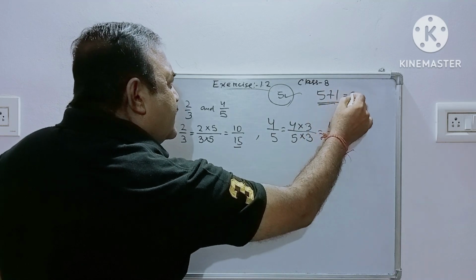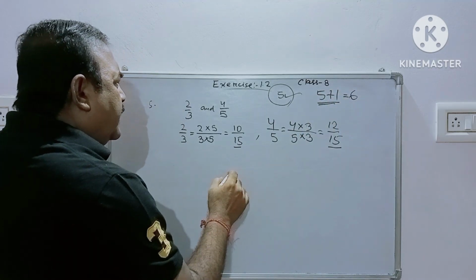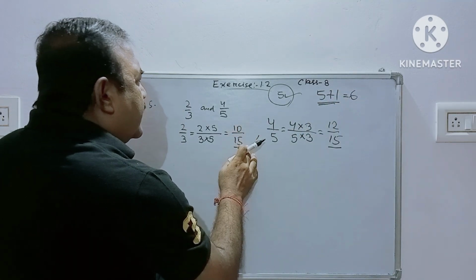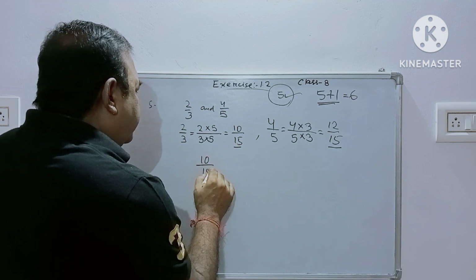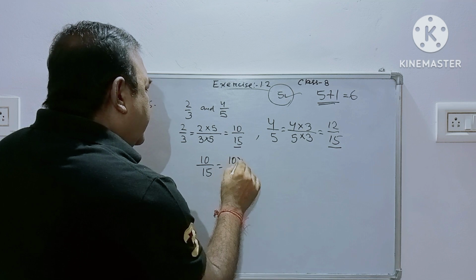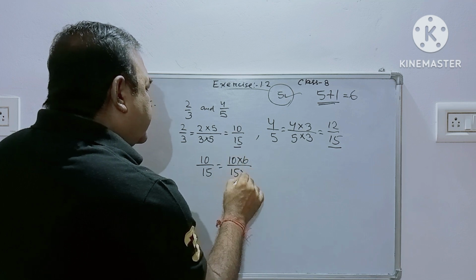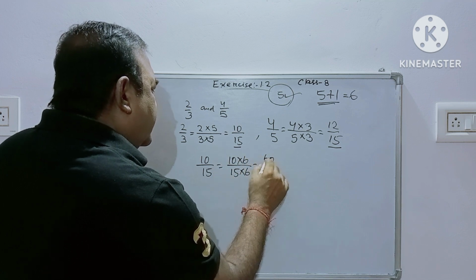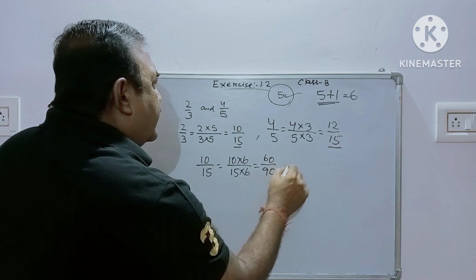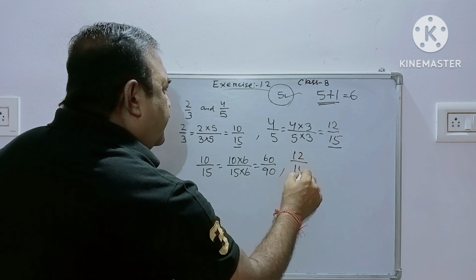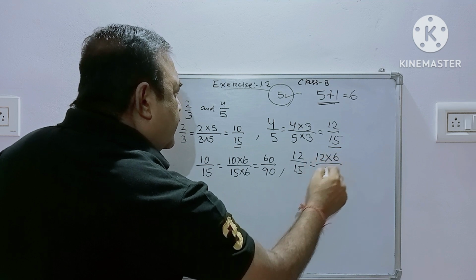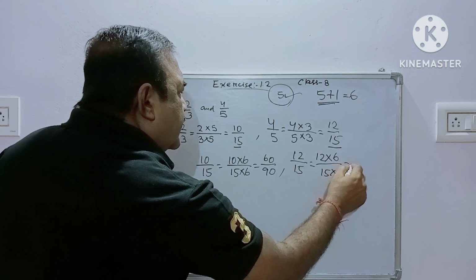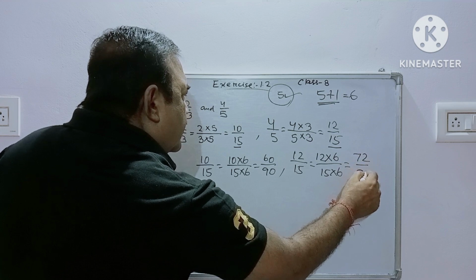Then 5 plus 1 is equal to 6. So we have to multiply 6 by both the numerator and the denominator. So 10 upon 15 is equal to 10 into 6 divided by 15 into 6, that is 60 upon 90. And 12 upon 15 is equal to 12 into 6 divided by 15 into 6, that is equal to 72 upon 90.